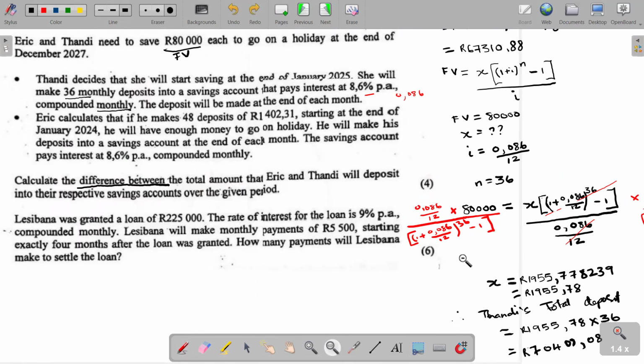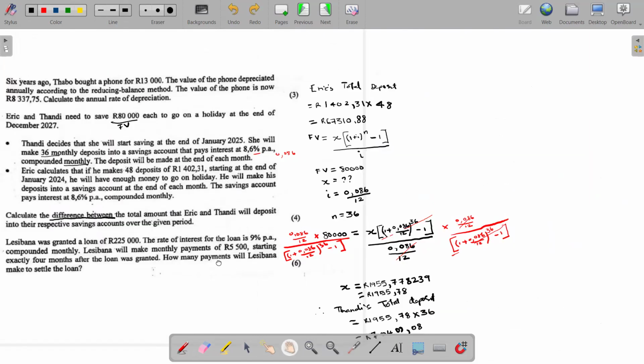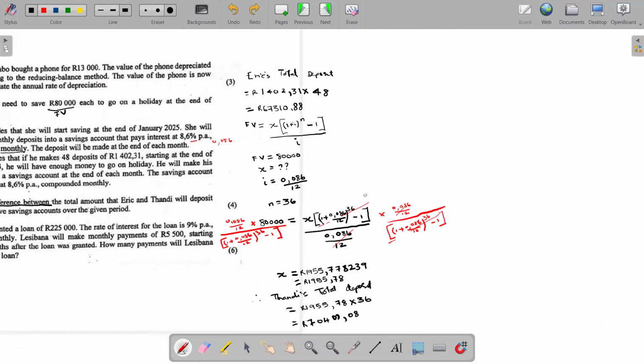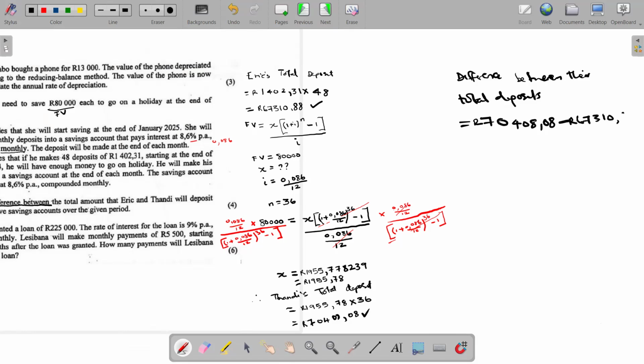The difference is equal to 70,408.08 minus the total for Eric, which is 67,310.88.